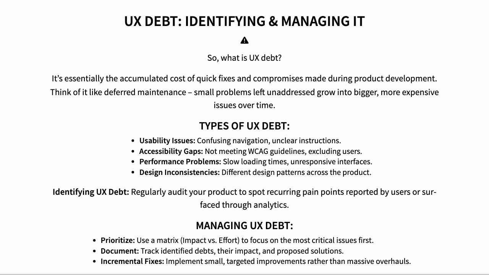The good news is that UX debt isn't an insurmountable problem. You can identify it by looking at user feedback and analytics for recurring pain points. Then, to manage it, prioritize the most impactful issues, document what you've found, and tackle them with small, targeted improvements instead of trying to fix everything at once.